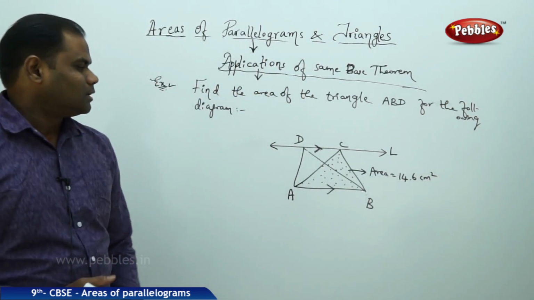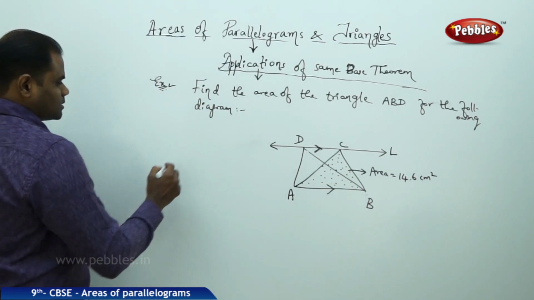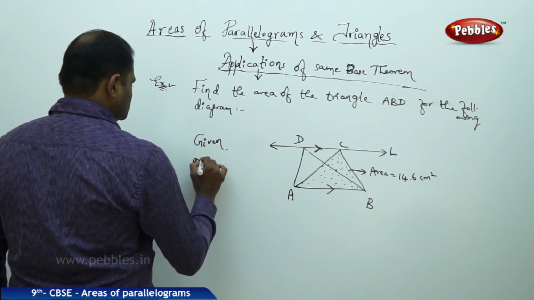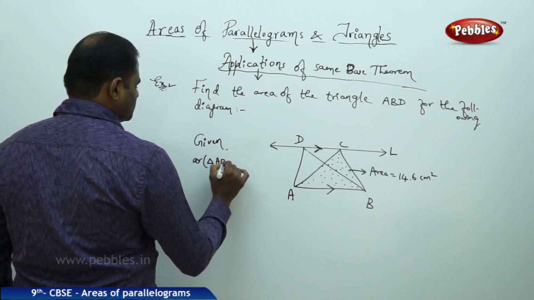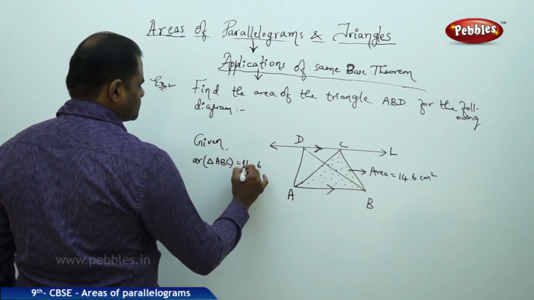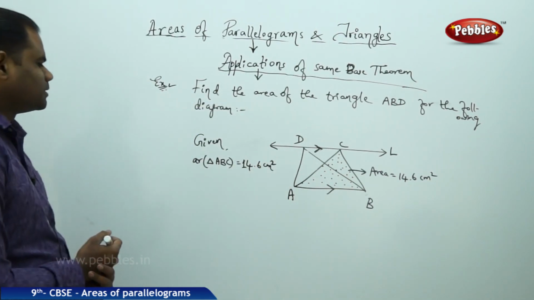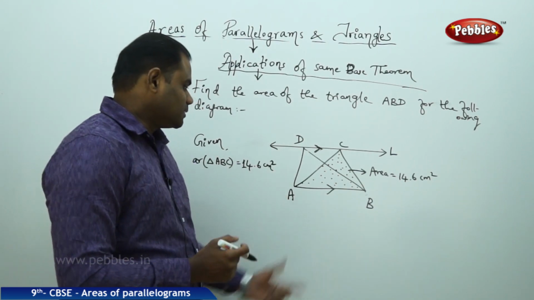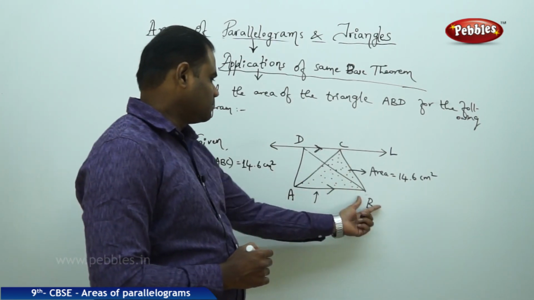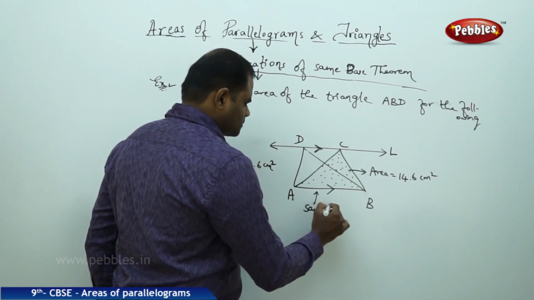Now area of triangle ABC is given to be 14.6 centimeters square, and AB is the same base. So clearly I can see that triangle ABC and triangle ABD are on the same base.